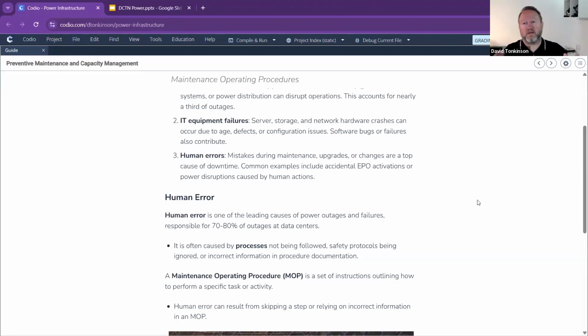Okay, most of this tends to roll up to processes. When you work as a data center technician, you will not be given a handbook. It's no longer a handbook. You will basically have processes that tell you how to do things, when to do them. So for example, if you are asked to change something like a disk drive in a server, you will have a process that tells you to make a note of the device name that you're going to, the rack it's in, the U that it's in.